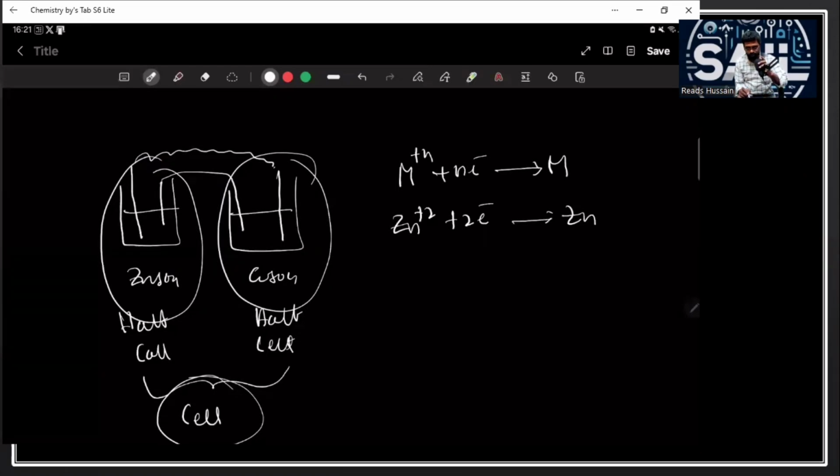Now you might have understood. Here M plus n means M for metal, and plus n means it's an ionic state. M plus n, Zn plus 2.